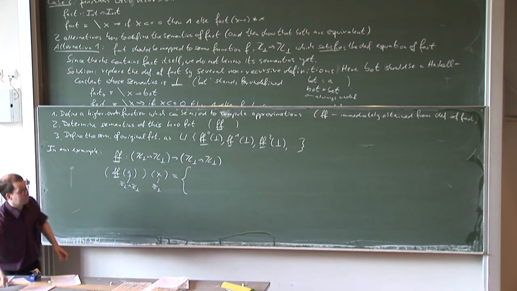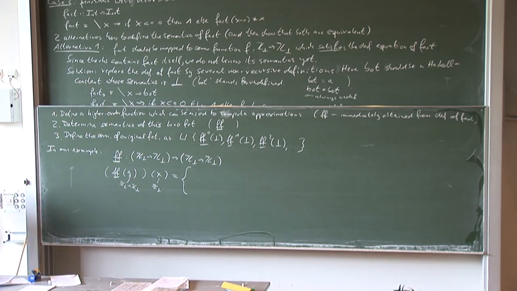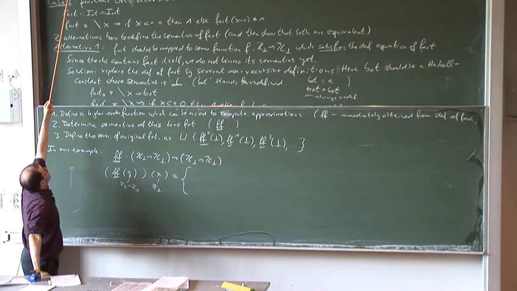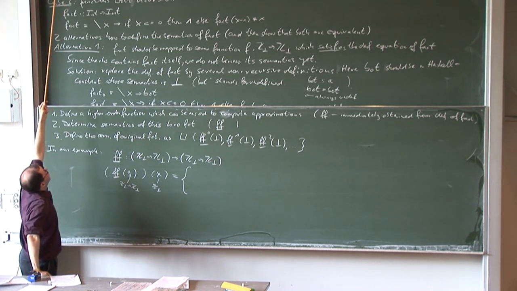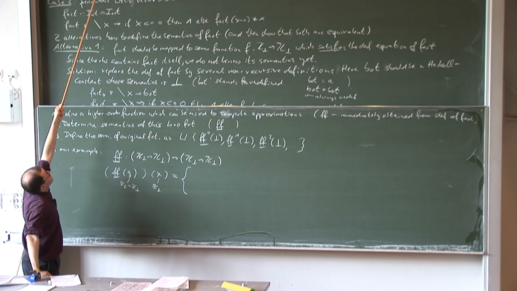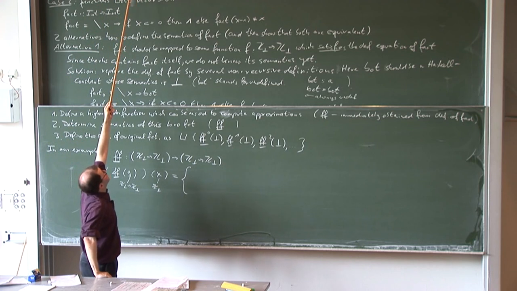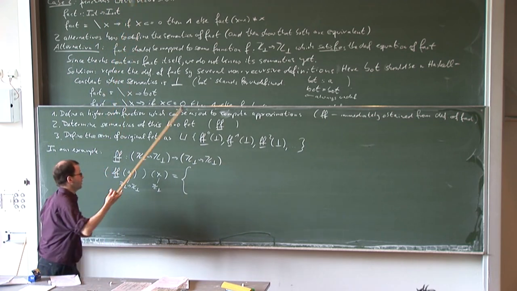And what we get back, we can immediately see from its definition. If you look at this topmost board, you can see what happens. If ff is applied to a function g, and then you apply the outcome to an integer x, then we know the semantics of all this stuff on the right-hand side because it's not recursive. If x is less than or equal to 0, then the result is 1.